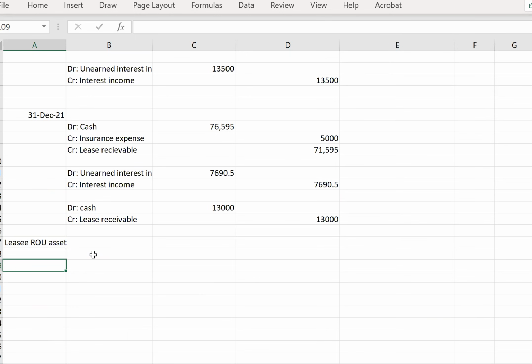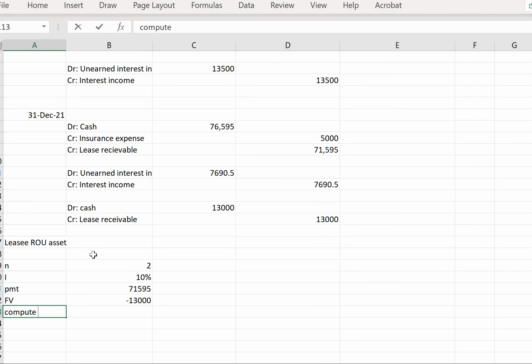So N is 2, I is 10. It's all the same inputs here as we used previously. Our payment we know is $71,595, of course, excluding the executory payments. And our future value is this residual that we owe at the end of the lease of $13,000.